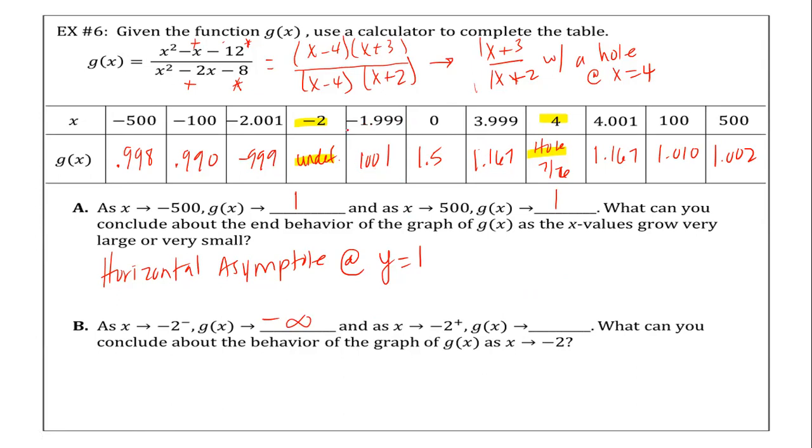What are these values doing? They are increasing, so they're heading towards positive infinity. And why are they doing this? Because at x equals negative 2 it's undefined, and it's undefined because it's a vertical asymptote.